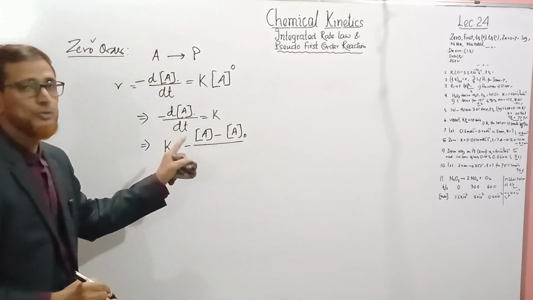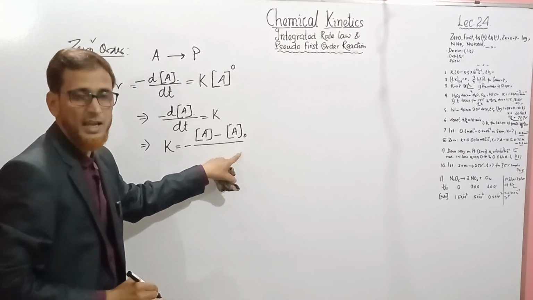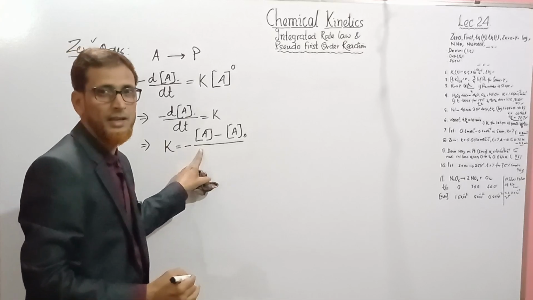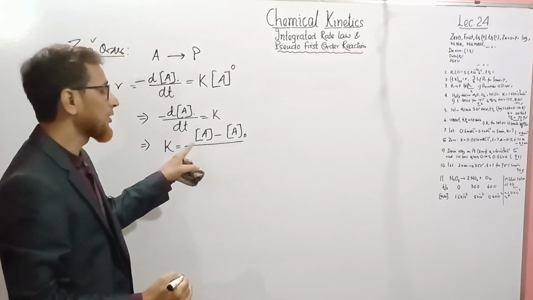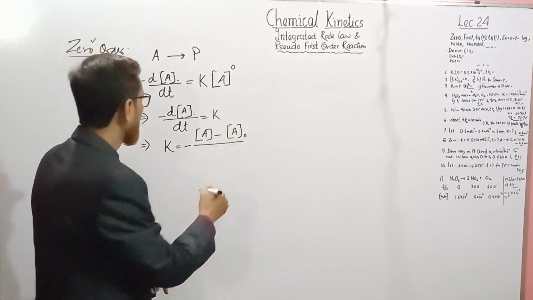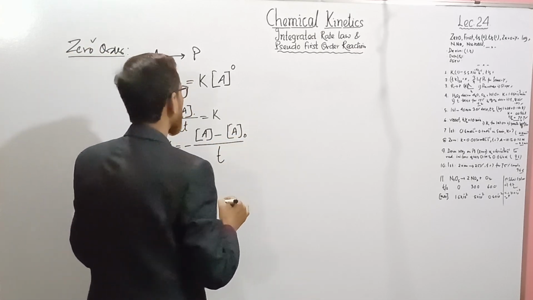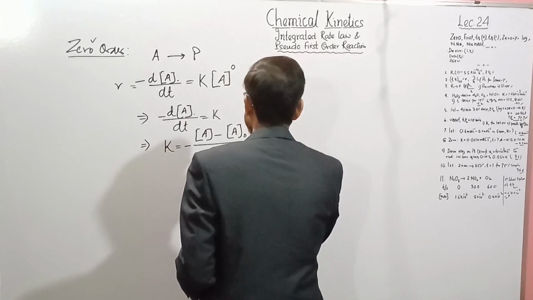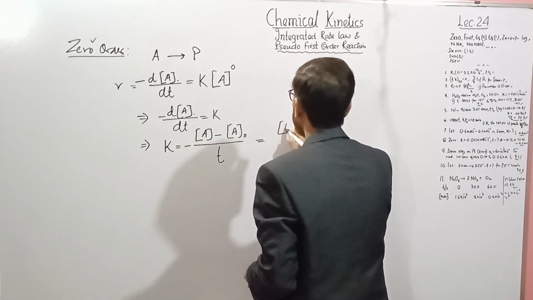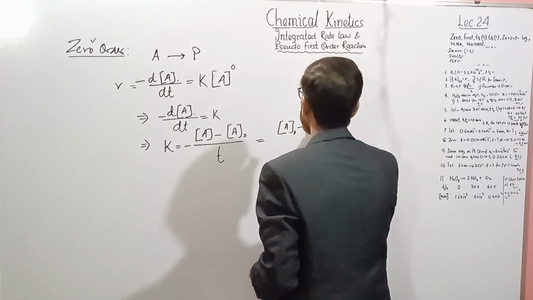Say at time t equal to 0, the initial concentration was A naught. After time t, the concentration changes to A. So the change of concentration is final minus initial, A minus A naught, divided by T. And if you multiply by the minus sign, we will get A naught minus A.